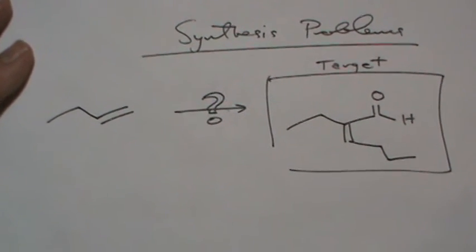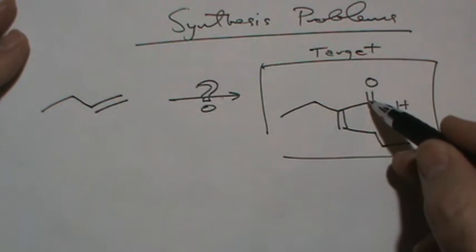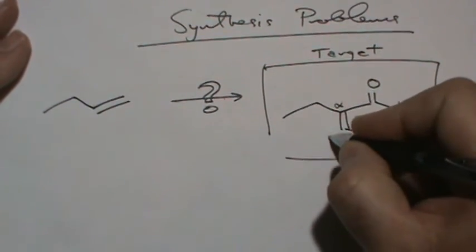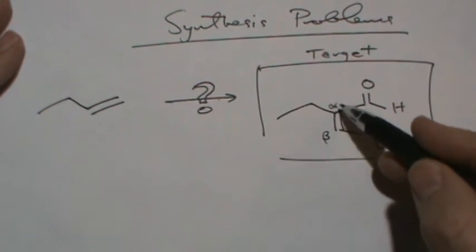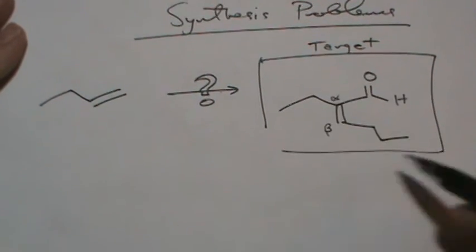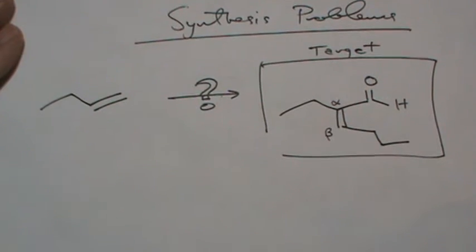And at first glance, this looks like a pretty complicated structure, but looking at the carbonyl carbon, we realize that that's an alpha carbon, that's a beta carbon. This is nothing more than an alpha-beta unsaturated aldehyde. The very type of product we now know how to make through Aldol condensations and similar reactions.